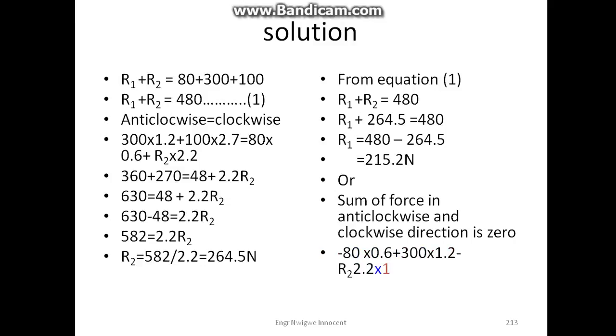Therefore, minus 80, that is the reaction at the point, times 0.6, that's the distance from the reaction, plus 300 times 1.2 minus R2 times 2.2, which is the distance from the reaction, plus 100 times 2.7, is equal to 0.